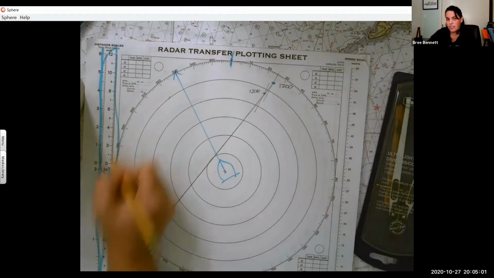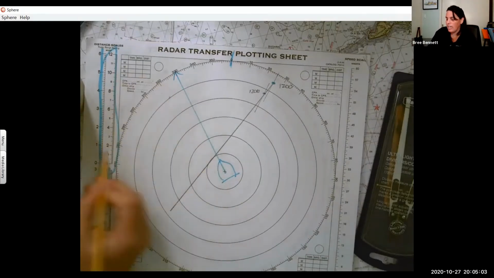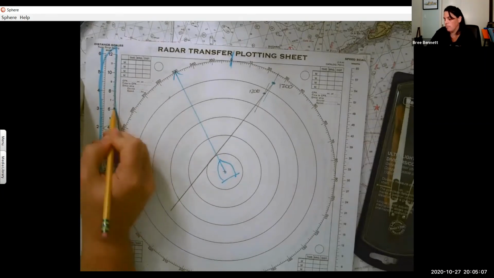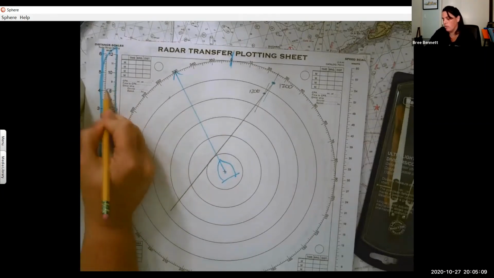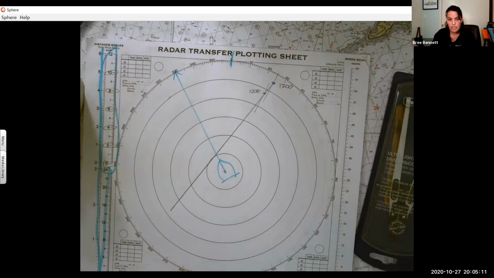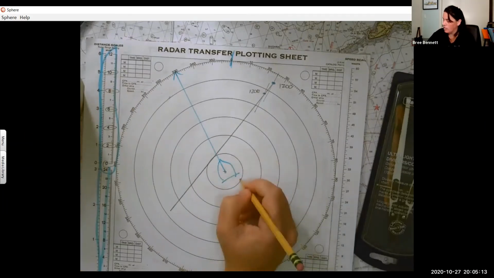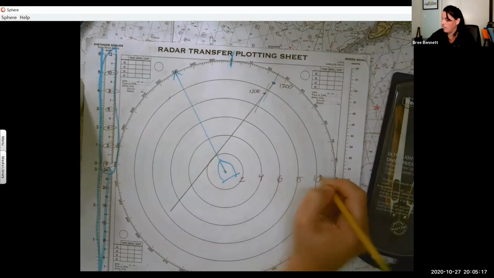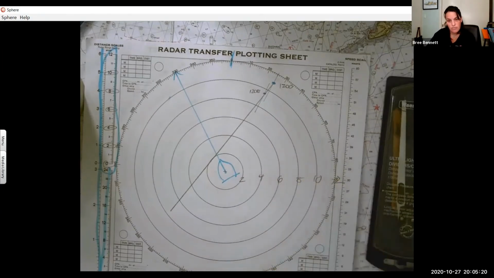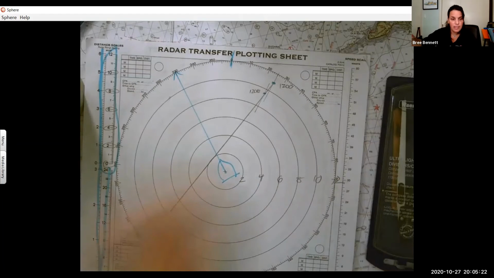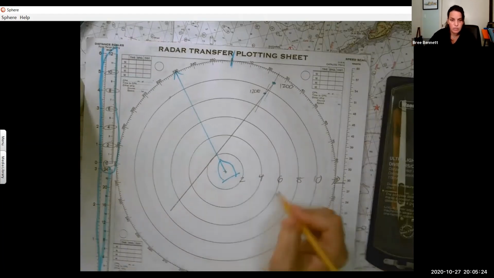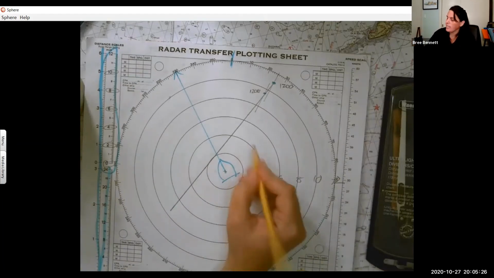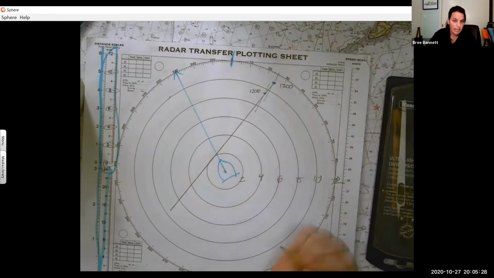So here on our scale, we have bold, bold, bold, not so bold, bold, bold, right? So we have 2, 4, 6, 8, 10, 12. Those are our range rings or our circles. So I can see I am right at the 2 miles.